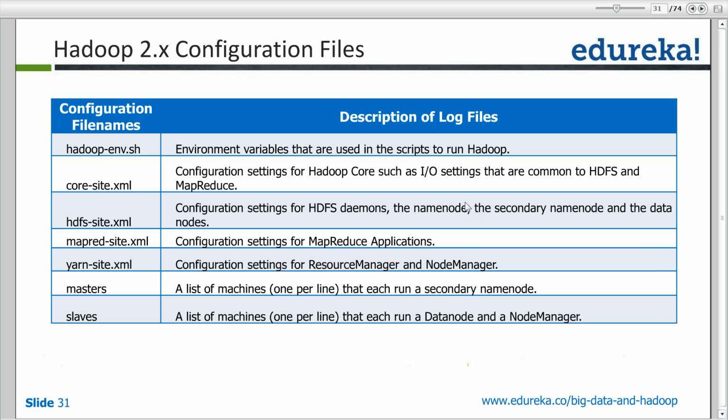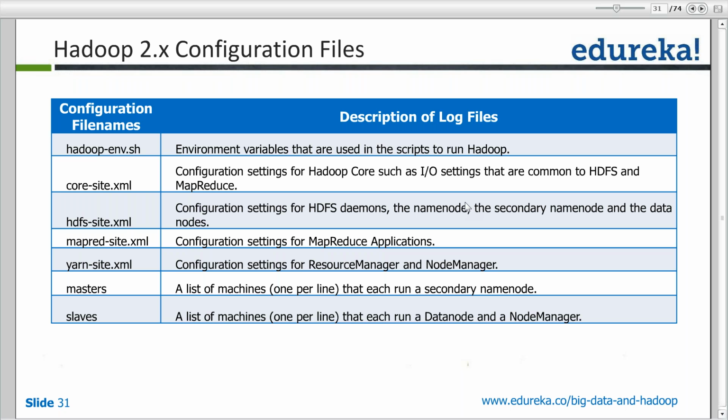We discussed that Hadoop is made up of 2 different frameworks, your HDFS and MapReduce. The properties which are common to both should always go in core-site.xml. A very typical example is the address of your name node. Even if you trigger a MapReduce job, your MapReduce will also need to know where the blocks are present.